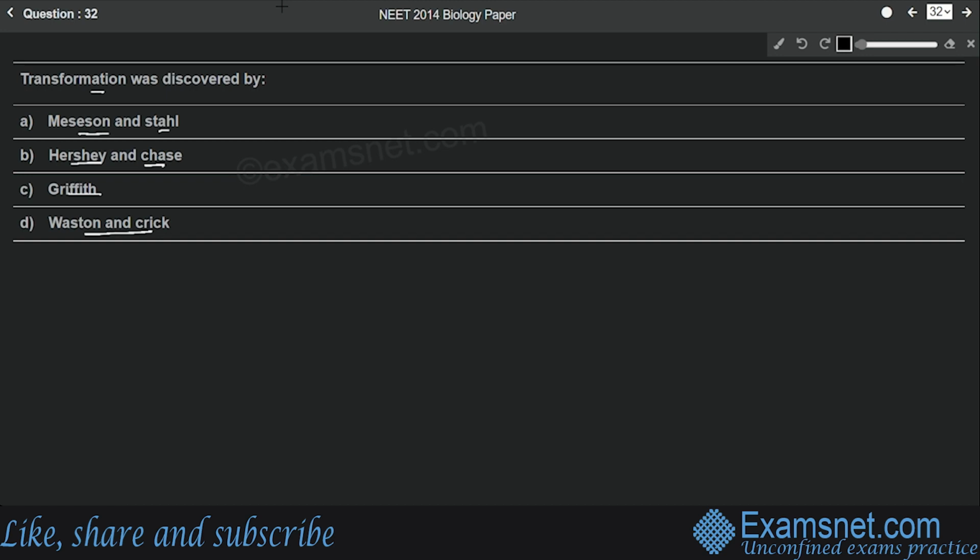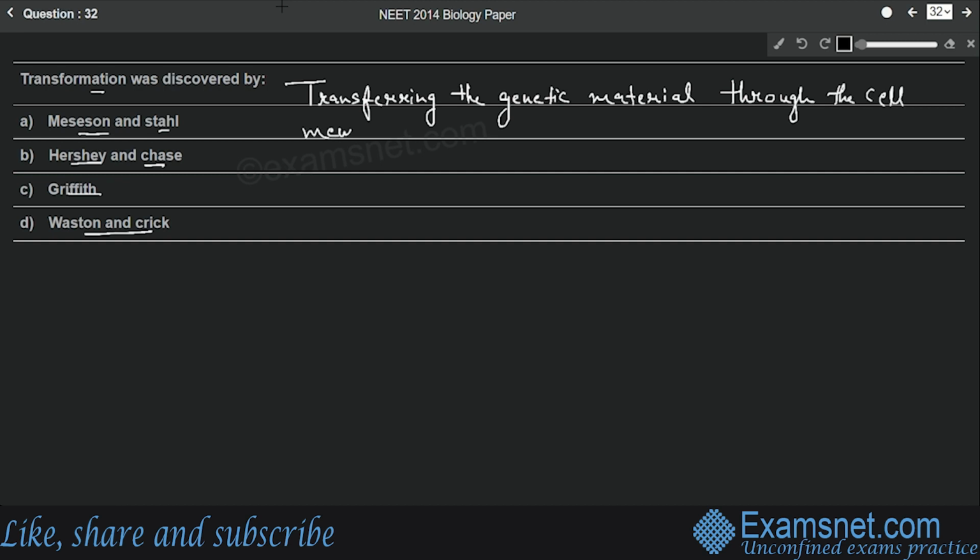Okay, so let's write it down here. Transferring the genetic material through the cell membrane in the form of naked DNA between the microbial cells.